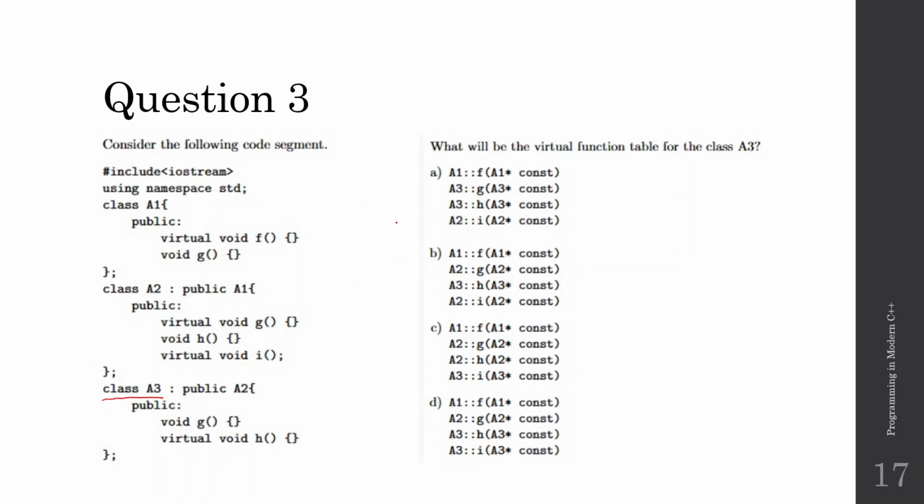So here you can see that class A1 has a virtual function f. Then class A2 inherits from A1 and it has a virtual function g and also i. And then class A3 inherits from A2 and it has a virtual function h.